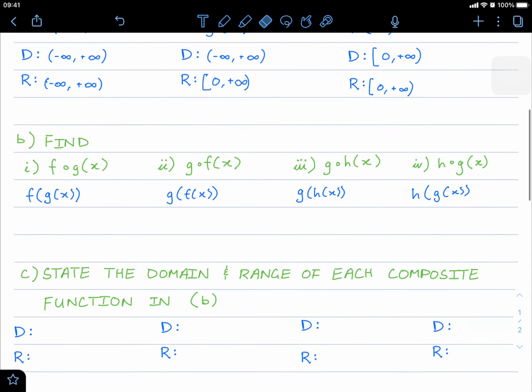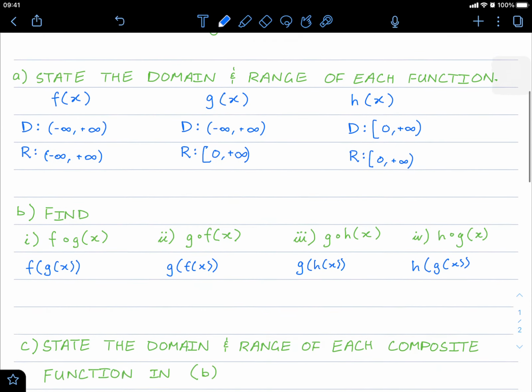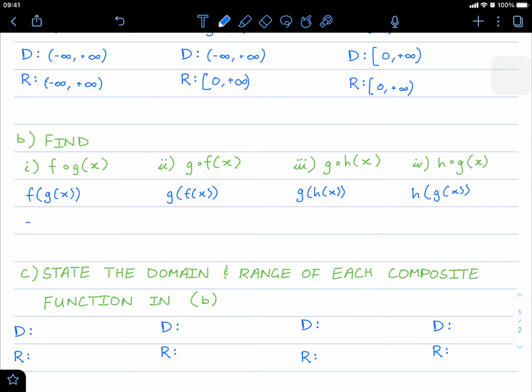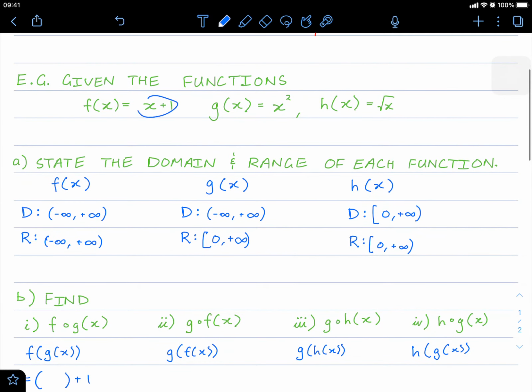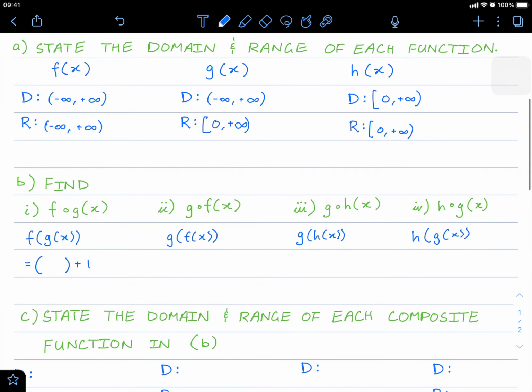For the composition of these functions, for this we need to take the function of f. So here's x plus 1, because that's what the function is, x plus 1. And where x is, we're going to substitute g.